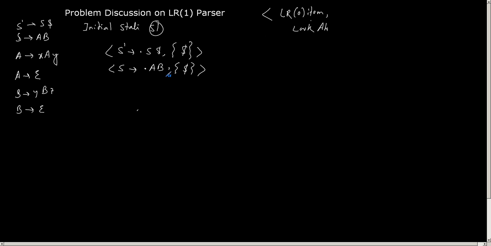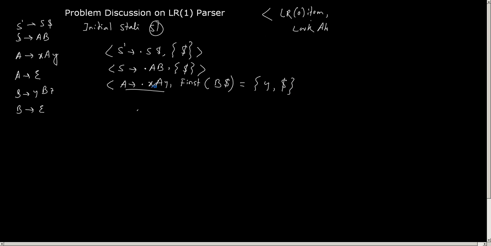Now for this one I have production for A as A is equal to dot XAY as the LR0 item, and for this the look ahead terminal will be first of B dollar. So first of B dollar will be what? I have B as YBZ, so it can be Y, and if B is nullable, then it will be dollar.